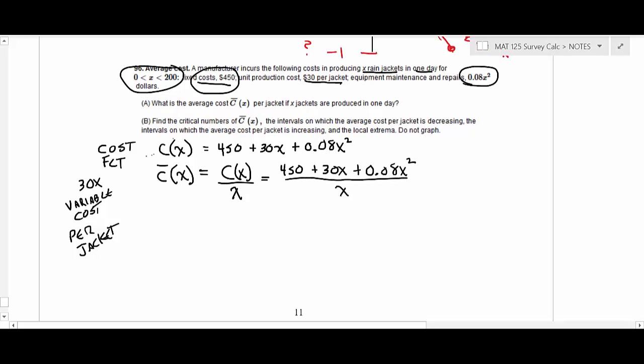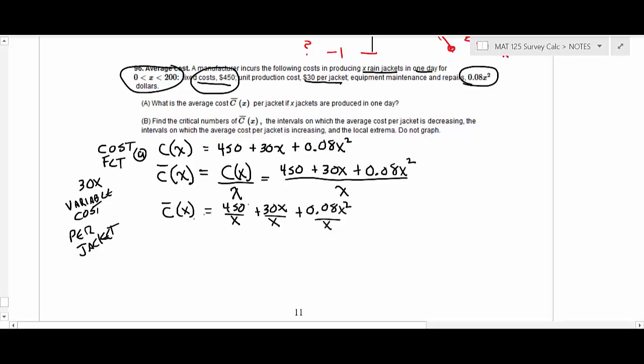Okay, so in part A on this problem, what we're doing is just finding the cost function. I would recommend that we go ahead and just split this up because we're going to have to do the derivative in part B anyway. So this would be 450 over x plus 30x over x plus 0.08x squared over x.